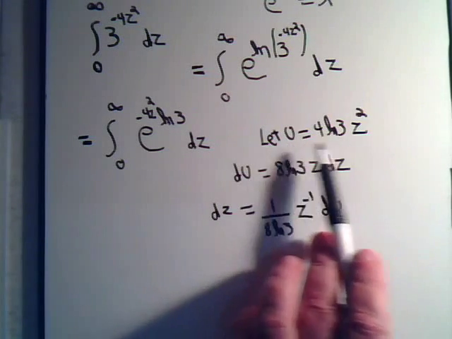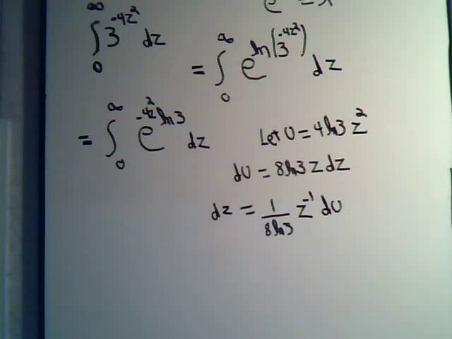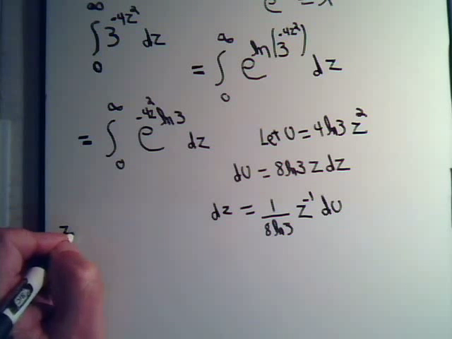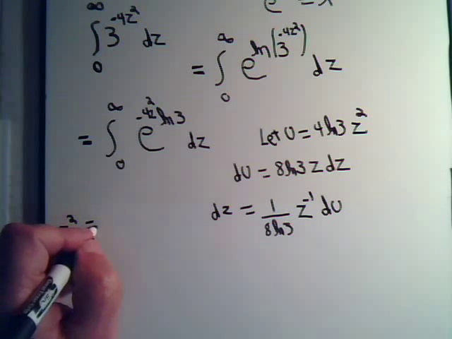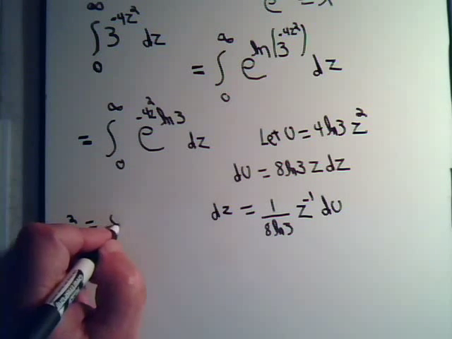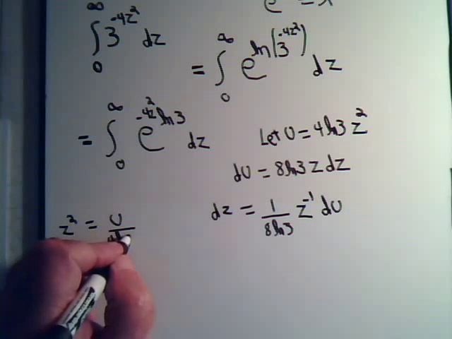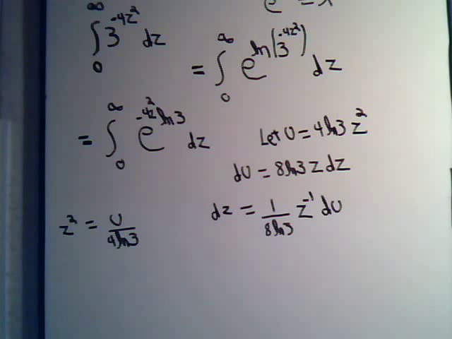So we go back to our basic definition, and we have z squared equals u divided by 4 times the natural log of 3.